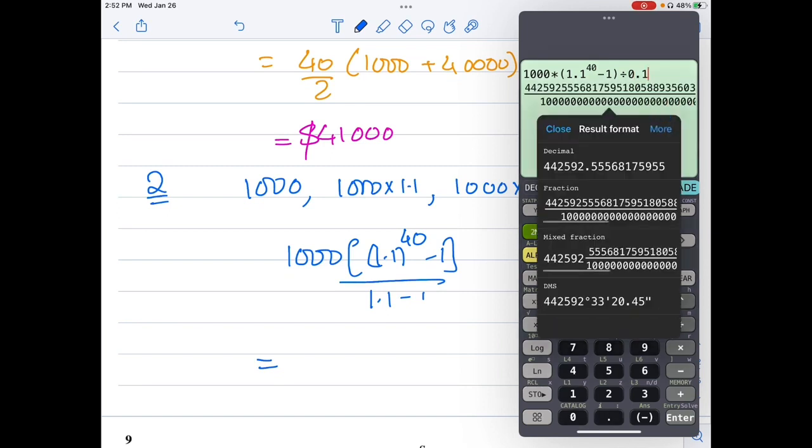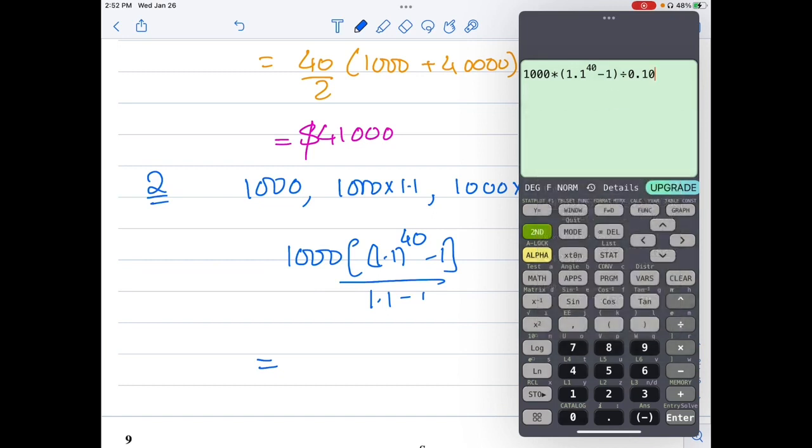So this value is going to be 442,592, but times 5%, which is 0.05.